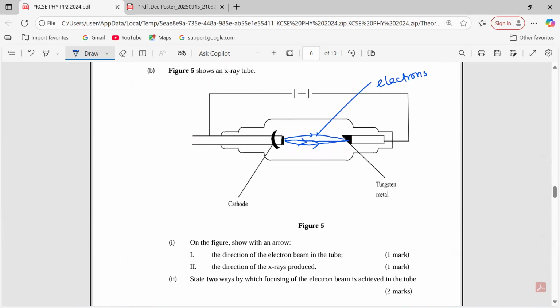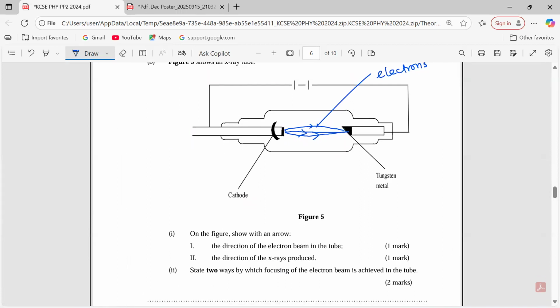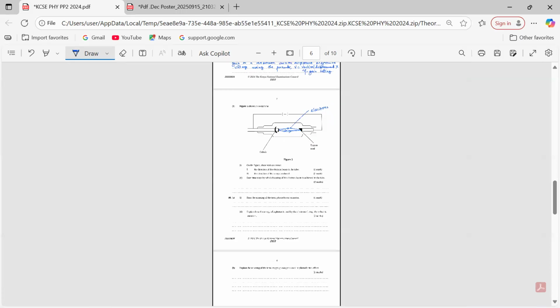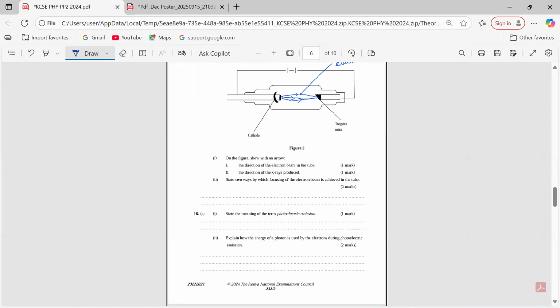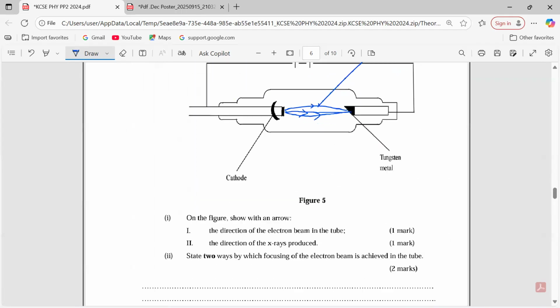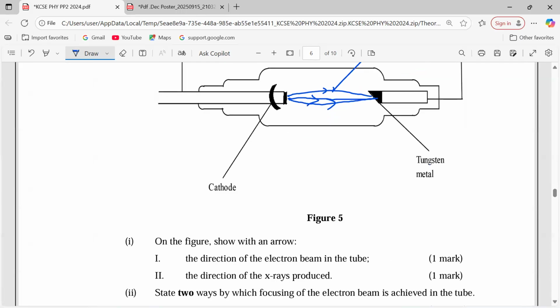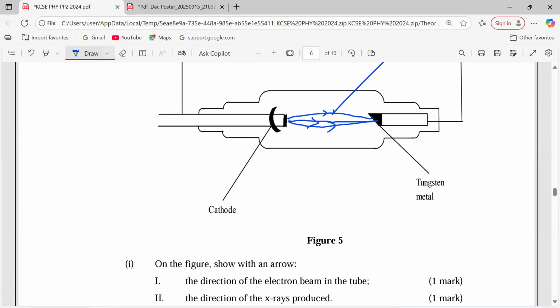Then something else that you're supposed to show: you see the tungsten is at an angle to ensure that once they strike there, some of the energy is converted to X-rays, as the other becomes just heat energy and is conducted away. We'll have the X-rays produced now coming out through the window.